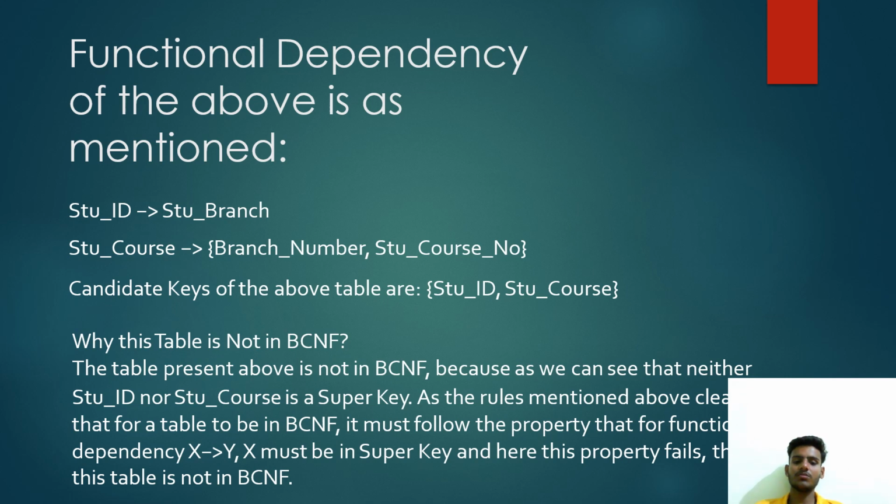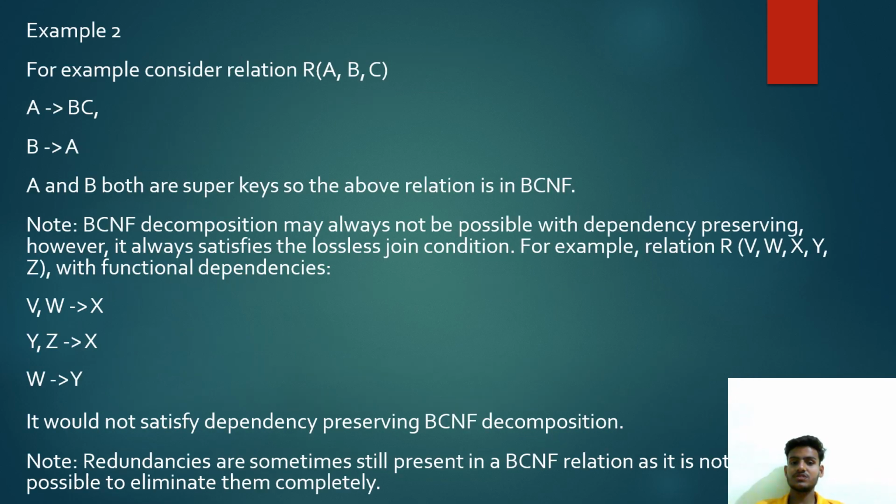As the rule mentioned above makes clear, for the table to be in BCNF it must follow the property that for functional dependency X to Y, X must be a super key, and here the property fails. Thus this is not in BCNF. Let's move to the next slide.